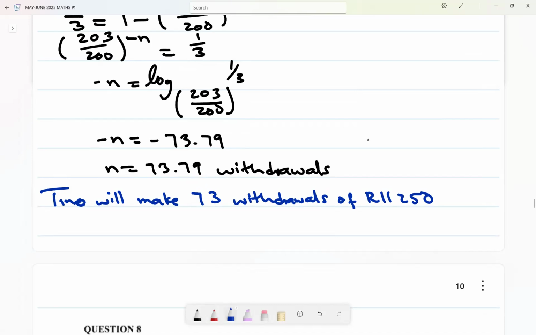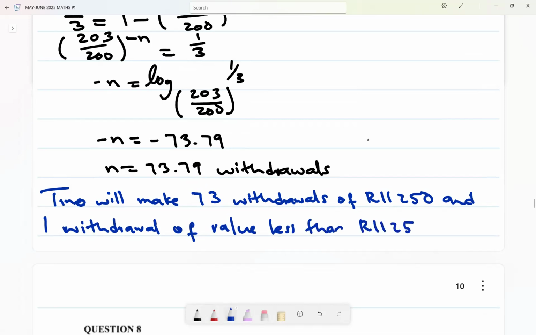It means that Tino will make one more withdrawal of a value less than 11,250.